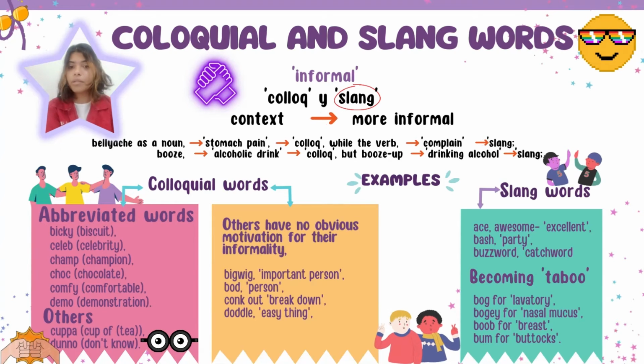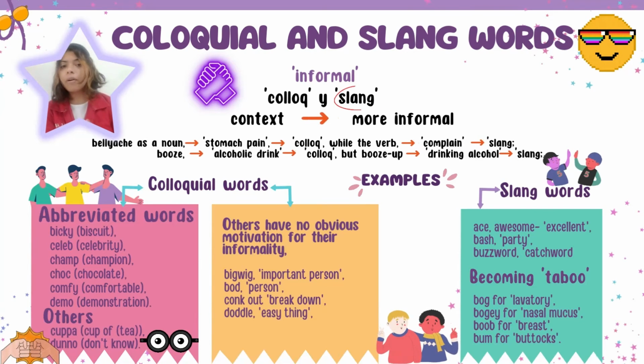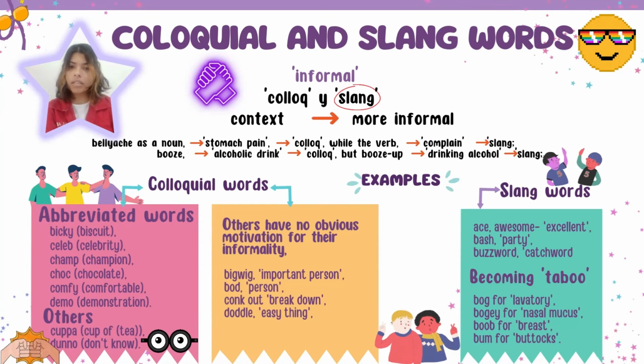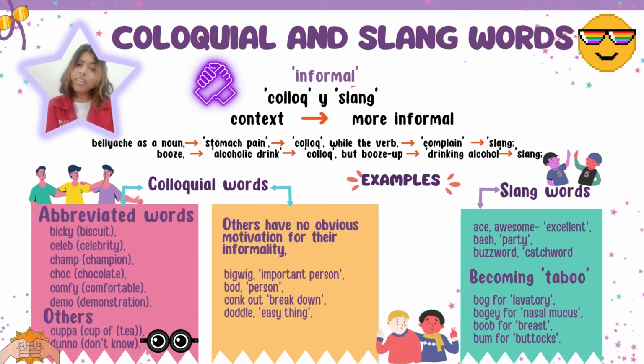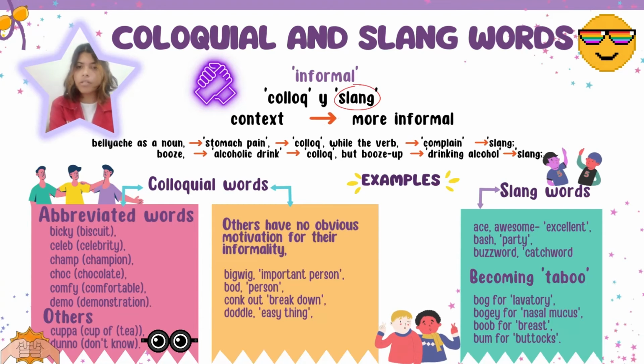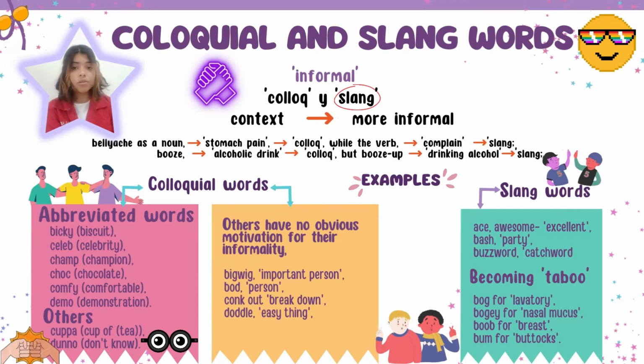Other slang words are on the way to becoming taboo, which we are going to see in the next slide. For example, bog for lavatory, snot for nasal mucus, boob for breast, bum for buttocks. But the majority of slang words are slang because they are used in contexts that are very informal between people who know each other well.